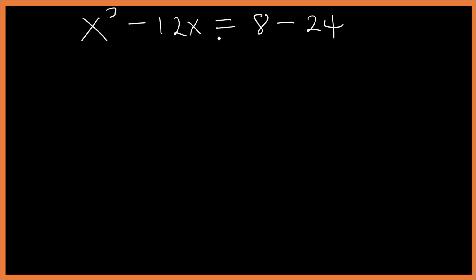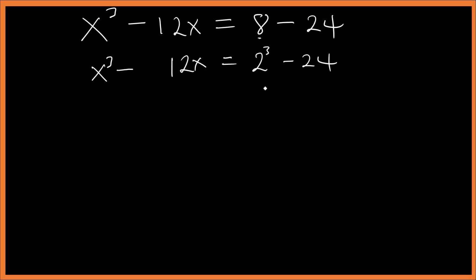From here we can write 8 as 2 to the power 3. So we can write this as 2 to the power 3 minus 24, and we have x cubed minus 12x here. Now let's send this one in.